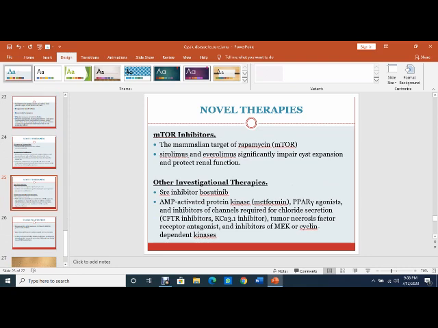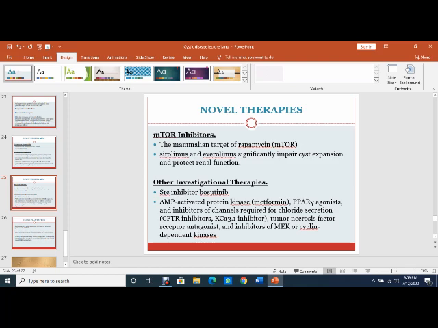mTOR inhibitors, the mammalian target of rapamycin. The drugs are sirolimus and everolimus, which significantly impair cyst expansion and protect the renal function.